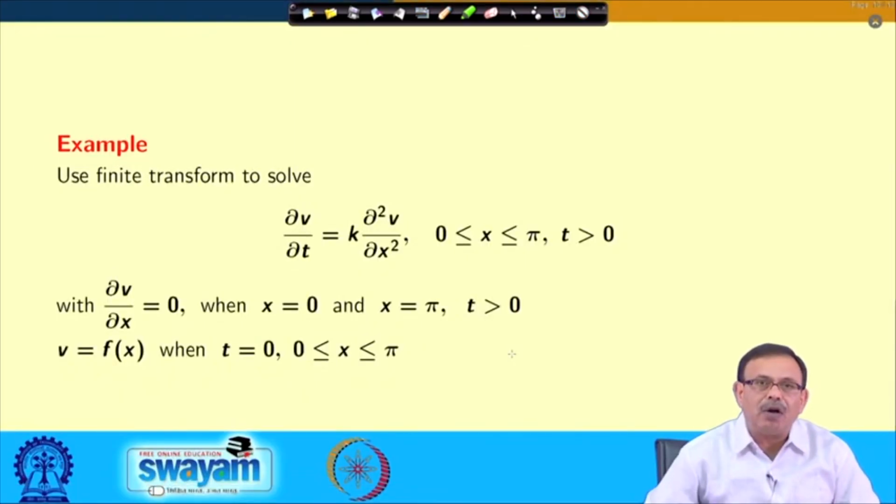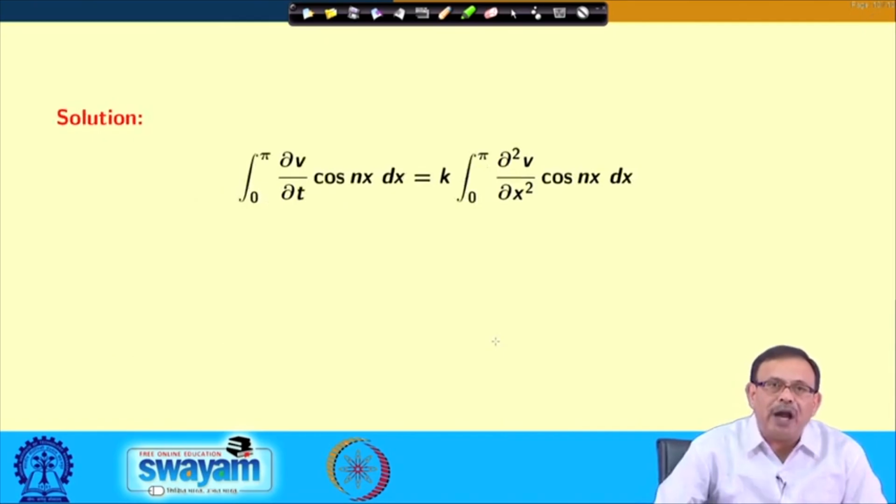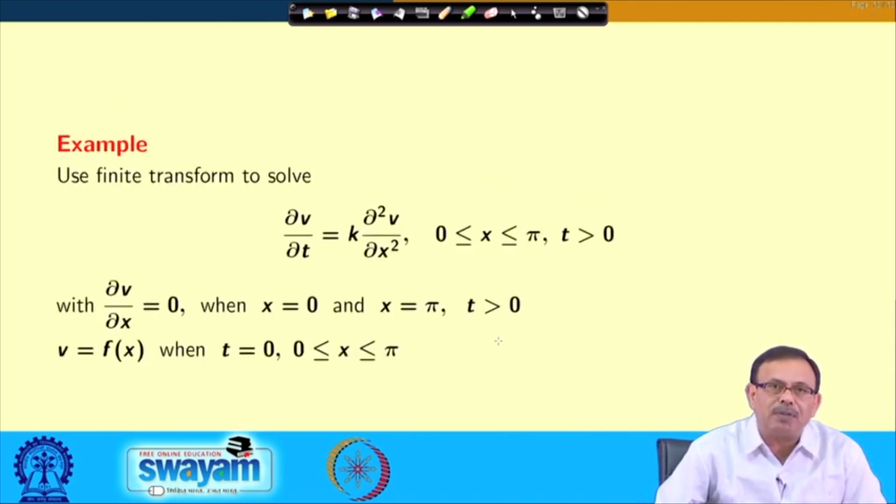Let us just see this one. This was the original problem, and you are taking the finite Fourier cosine transform with respect to x. Again I am repeating, in the earlier example I explained why I had to take the finite Fourier sine transform. In this case also, x lies between 0 to pi, t is greater than 0, so t cannot be considered.